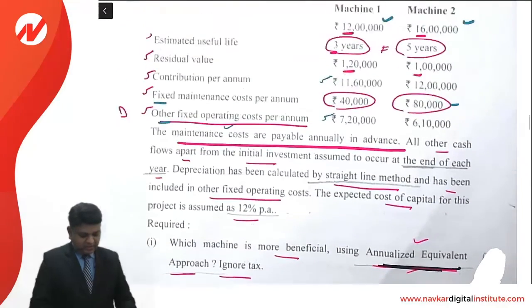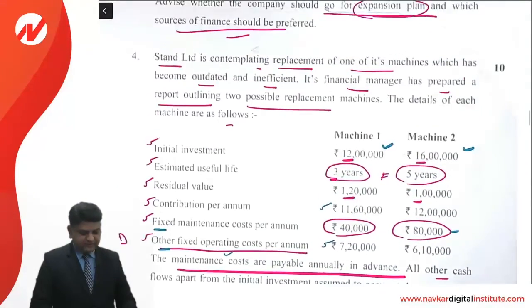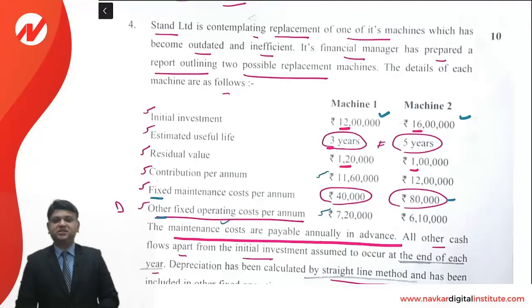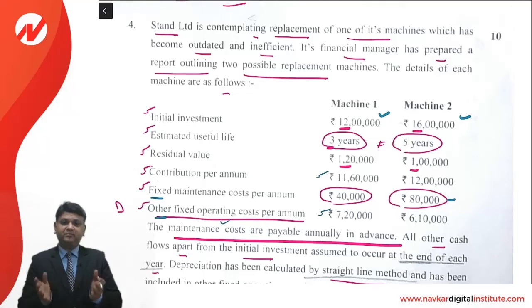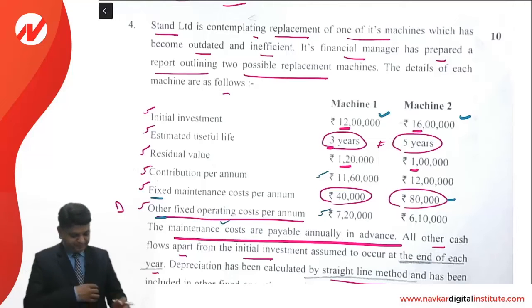Now friends, over here, for the purpose of conducting the sensitivity analysis, the question does not provide any information with respect to the percentage change in the variable. It means that we are required to make the computation of margin of safety. We are required to compute by what percentage the contribution decreases, in that case, NPV will go down to 0.